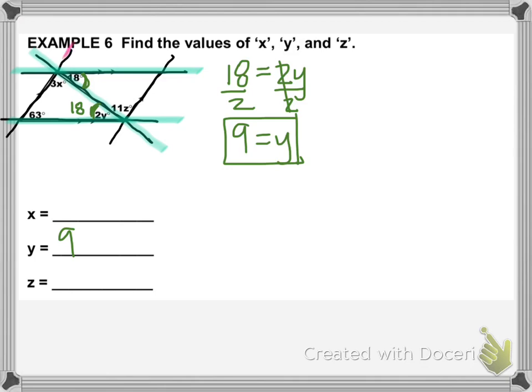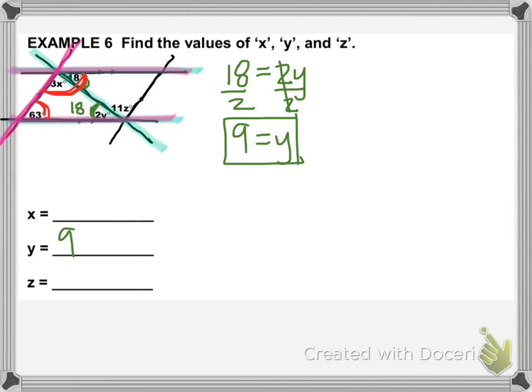Let's look at maybe this line as my transversal and these as my parallel lines. I'm going to try to ignore the rest of the picture. What I see is this angle 63, and this angle 3x and 18 together. Those two angles together with the 63 are same side interior.